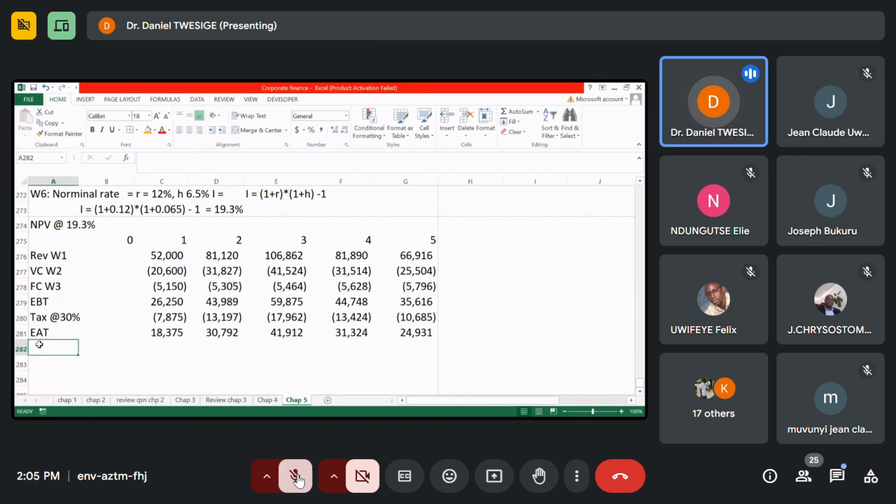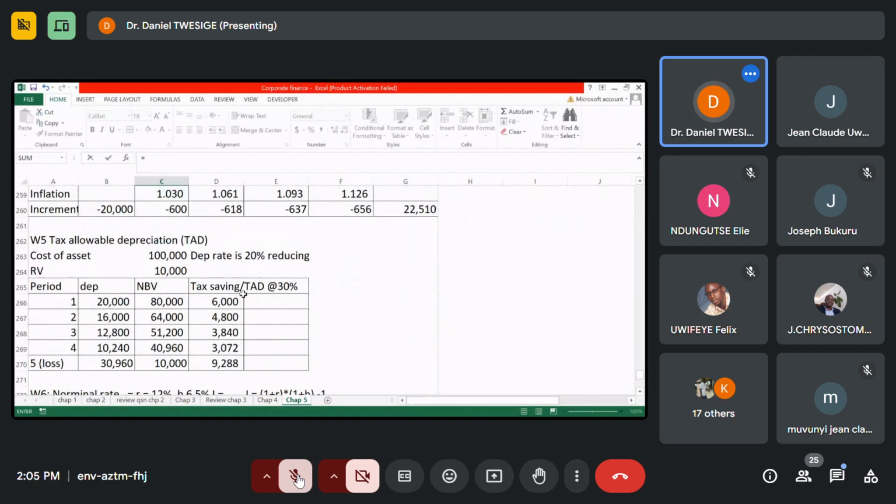Now I recognize my tax saving, which is working number 5. Since the tax is in the same year, even this one will be in the same year.